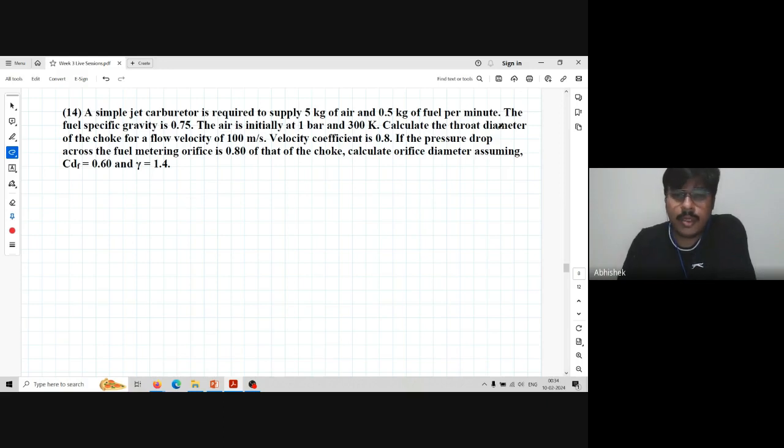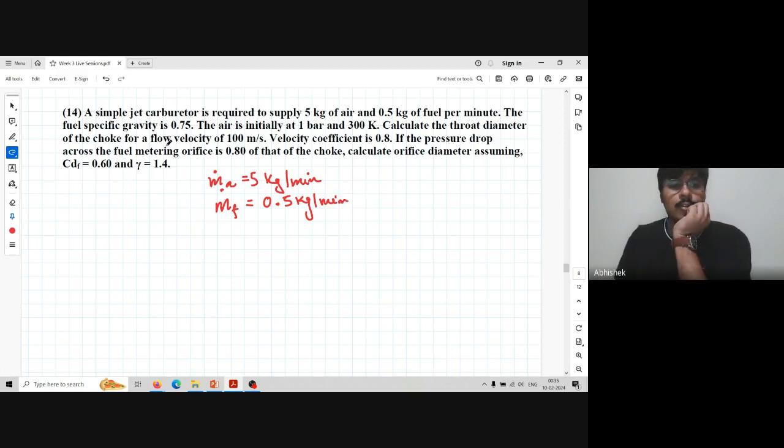of fuel per minute. So mass flow rate of air is given, 5 kg per minute. Mass flow rate of fuel is given, 0.5 kg per minute.